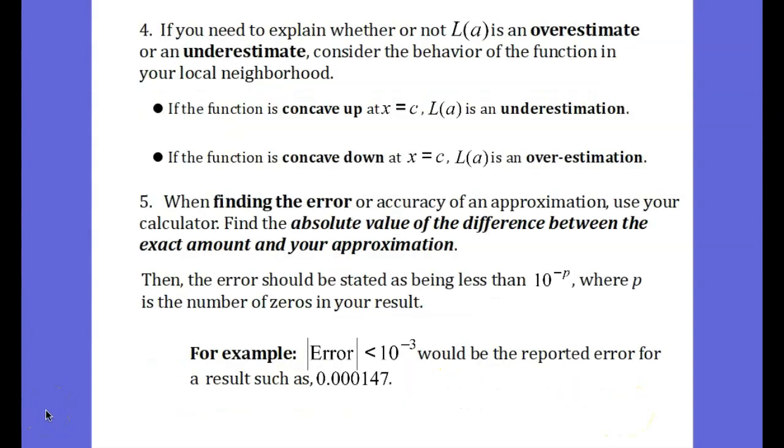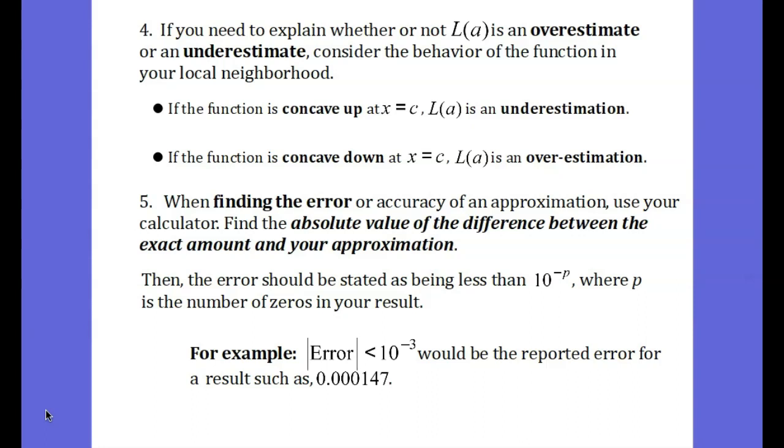In step 4, if we need to explain whether or not L of a is an overestimate or an underestimate, consider the behavior of the function in your local neighborhood. If the function is concave up at x equals c, L of a is an underestimation. If the function is concave down at x equals c, L of a is an overestimation.